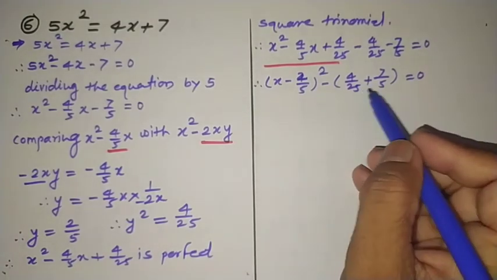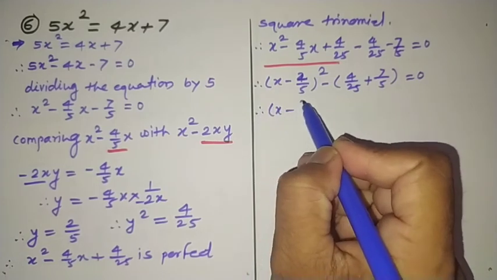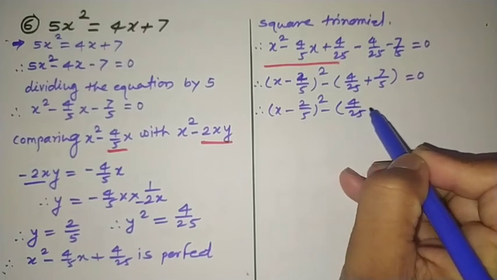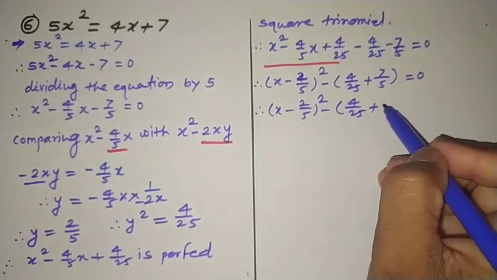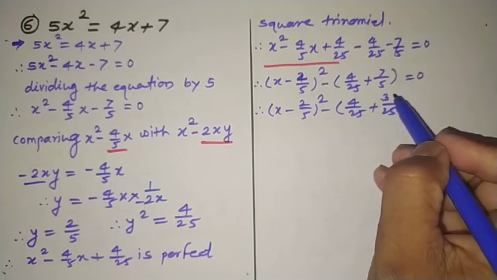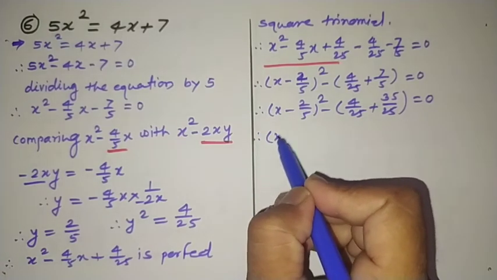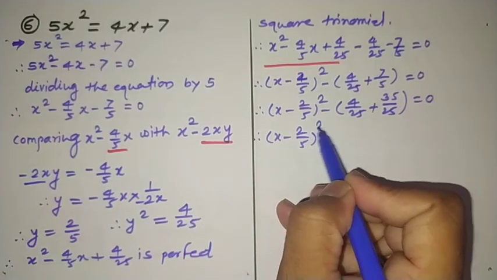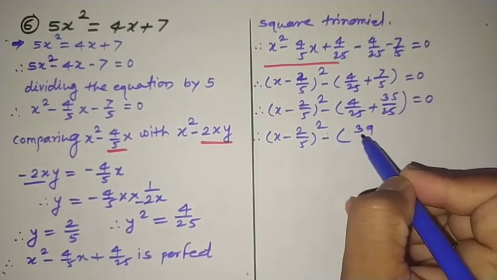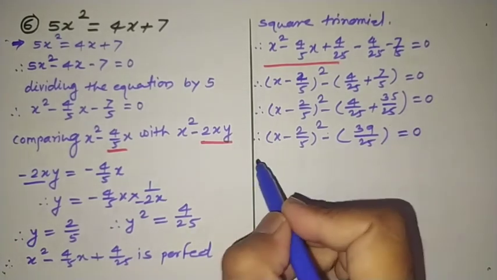Equalising the denominator of 25 and 5: x minus 2 upon 5 square minus 4 upon 25 minus 35 upon 25 is equal to 0. The denominators are the same. X minus 2 upon 5 bracket square minus 39 upon 25 is equal to 0.